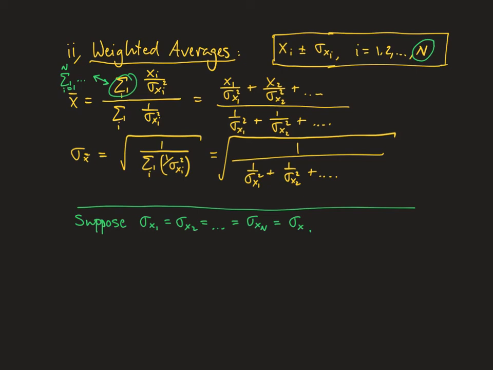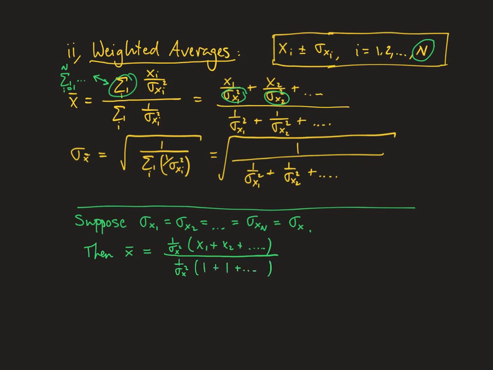Okay, so let's suppose that all the sigmas are the same size as each other. What's going to happen then? x bar is going to be, well, if they're all the same size, we've got the same thing appearing in each of those, we can actually just factor that out. So we get 1 over sigma x squared times x1 plus x2 plus dot dot dot. And then in the denominator, 1 over sigma x squared times 1 plus 1 plus dot dot dot.